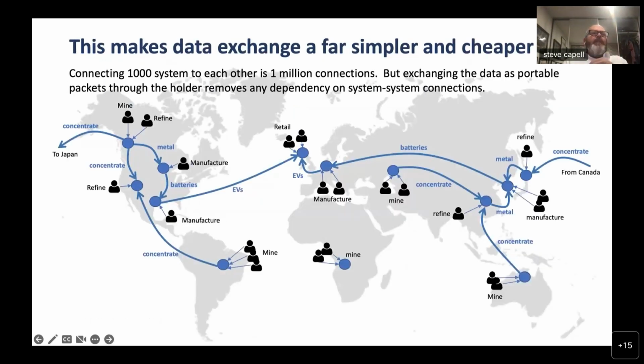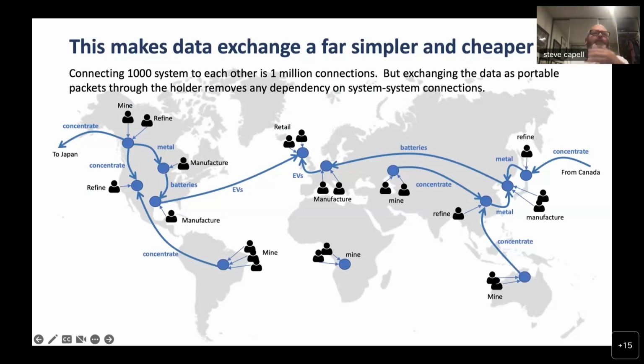Why is that important? So a little picture here of a typical supply chain, in this case from mining to electric vehicles. The blue dots represent islands of information, and it's massively simplified because obviously around the world, there's not a dozen of them, there's thousands of them. And each of these blue dots represent maybe a traceability platform or a SAP platform or something, an ERP that contains data.